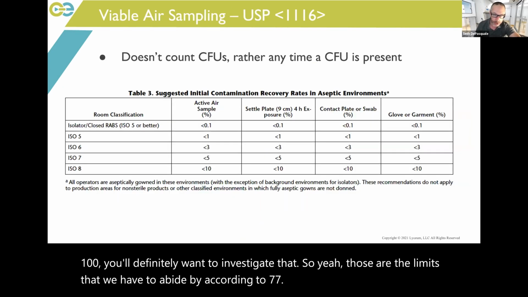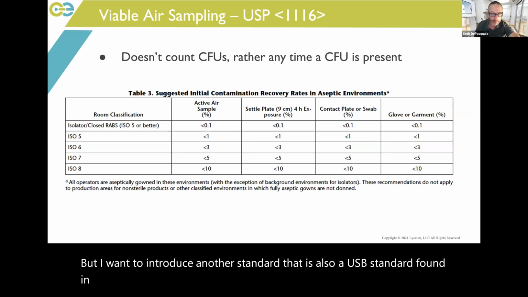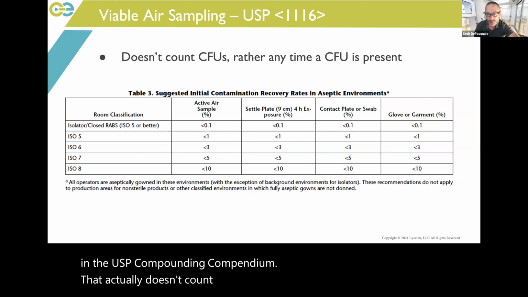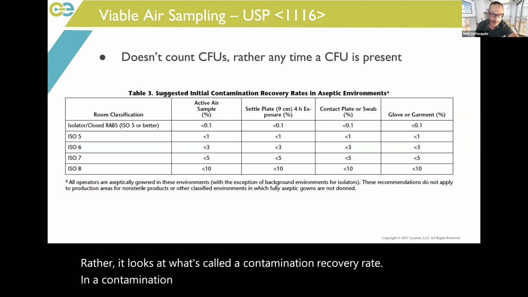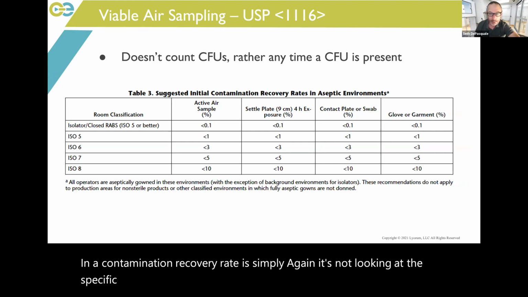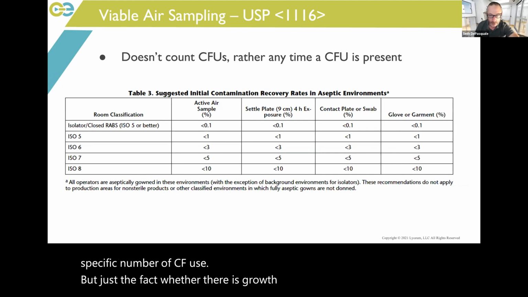But I want to introduce another standard that is also a USP standard found in the USP Compounding Compendium that actually doesn't count the number of CFUs. Rather, it looks at what's called a contamination recovery rate. A contamination recovery rate is not looking at the specific number of CFUs, but just the fact whether there is growth of any kind whatsoever over a period of time.